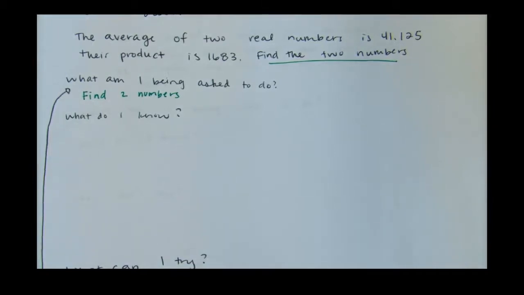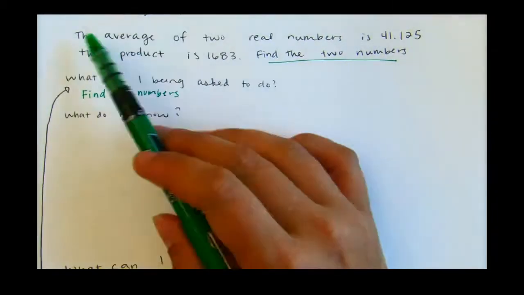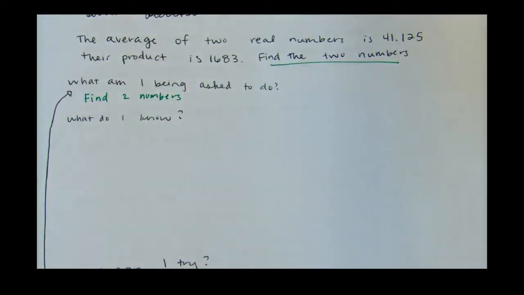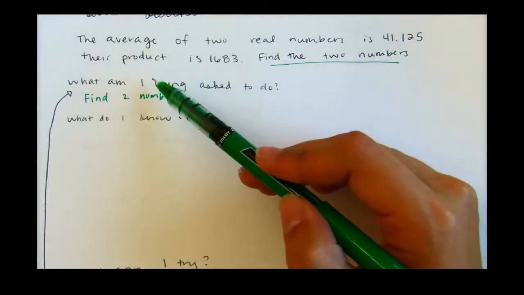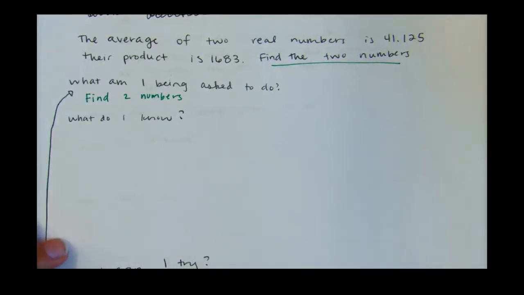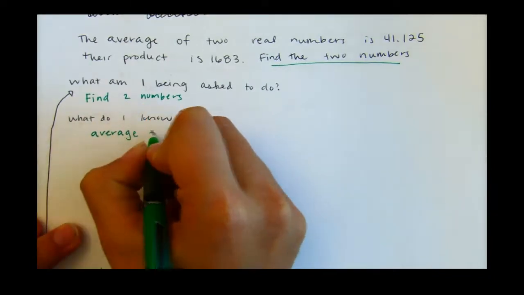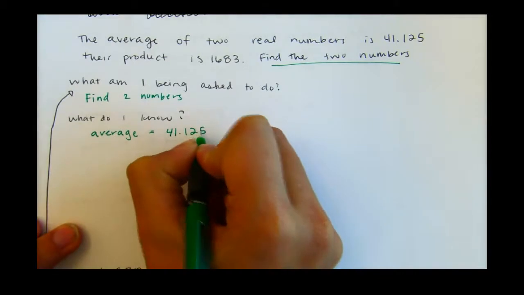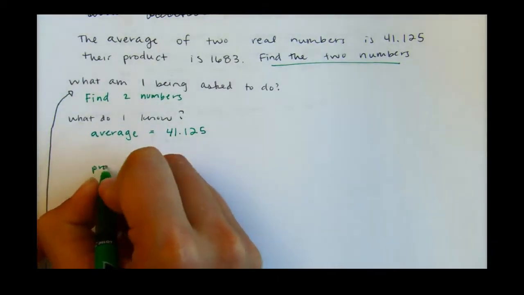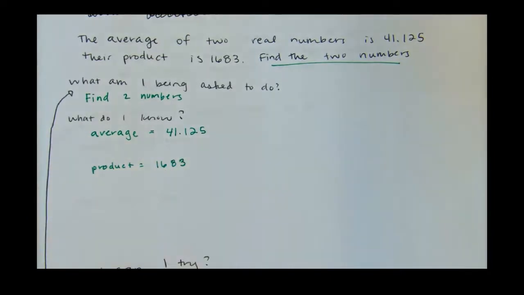Now I want to list out what do I know. So read through at least these first two pieces of information. What do you know generally? Maybe you want to define a word like average or product, and you can tell me what those words mean. Go ahead. Okay, so I know that the average of the two numbers is 41.125, and I know that the product is 1,683.